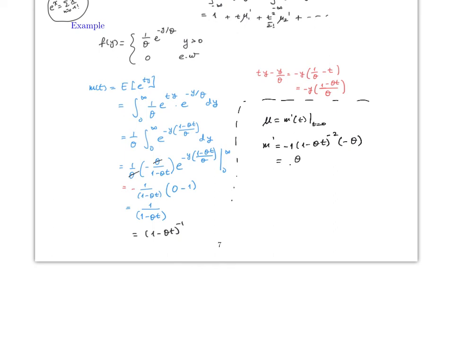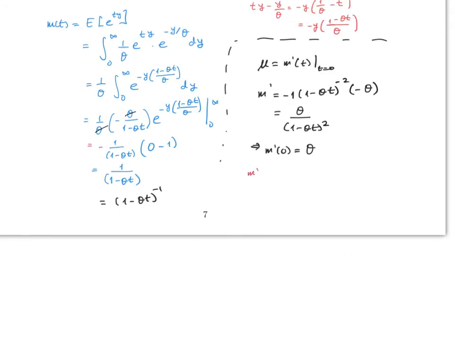So this is theta over 1 minus theta t squared, and therefore m prime of 0 will give you just theta, which is exactly what we know is the mean.